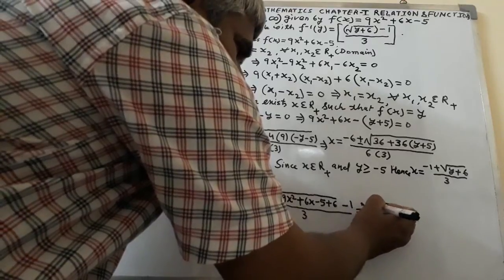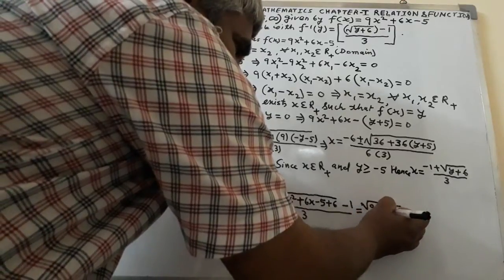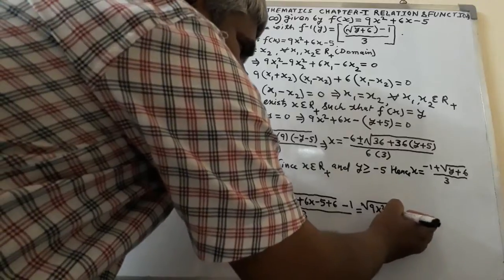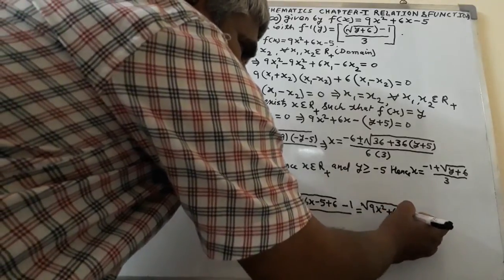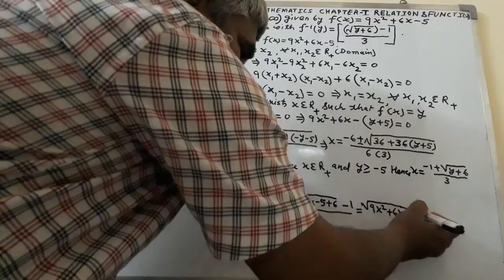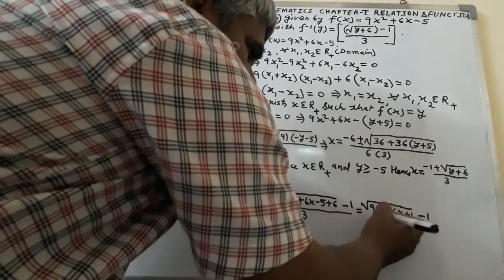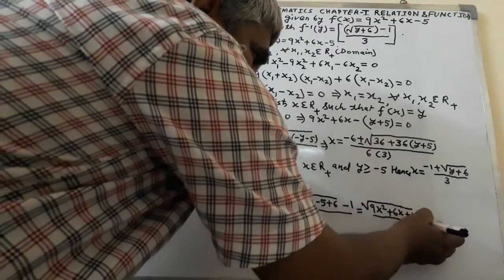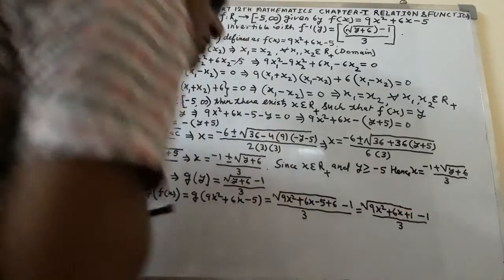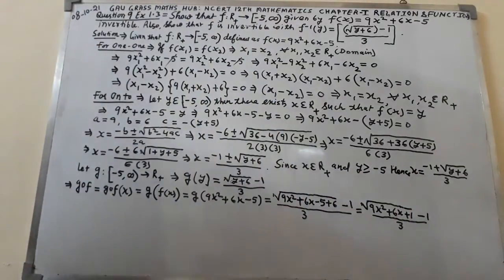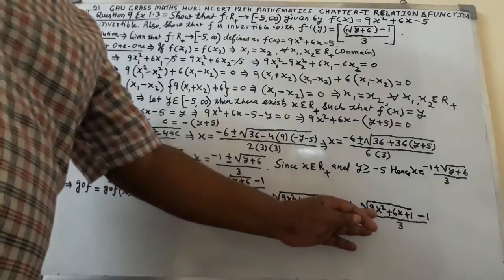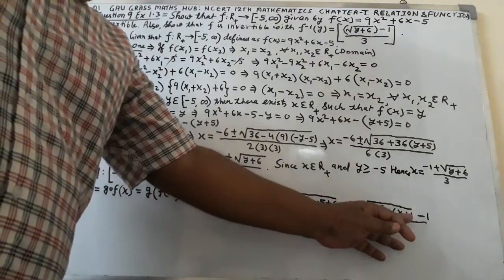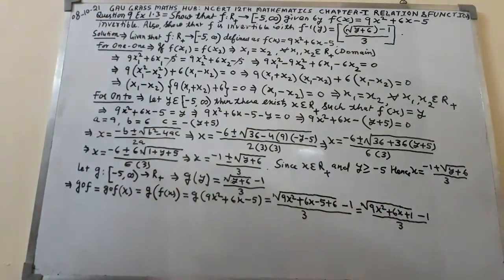You will get here under root 9x square plus 6x plus 1, minus 1, whole over 3. This thing you have got. Now 9x square plus 6x plus 1 will be factorized.